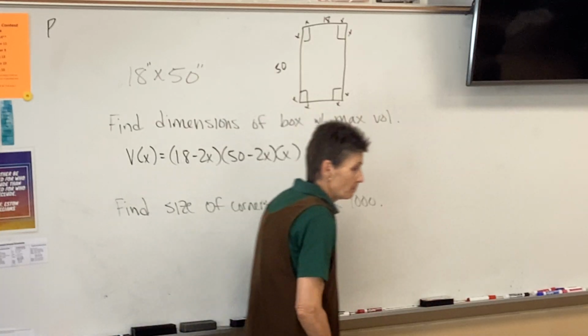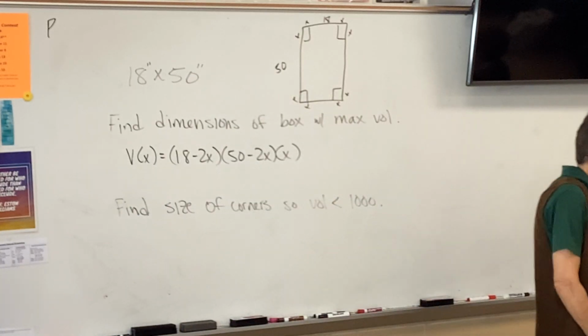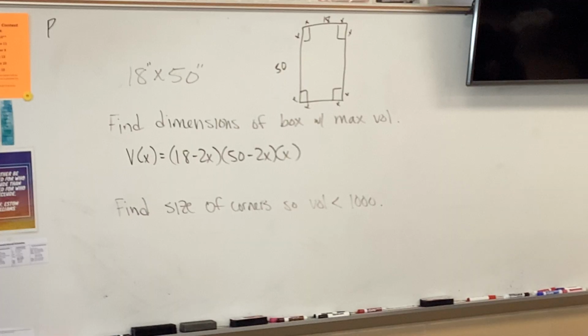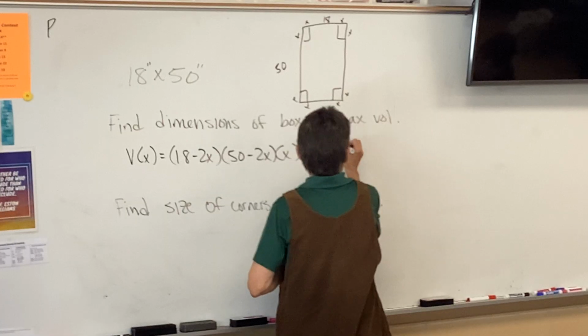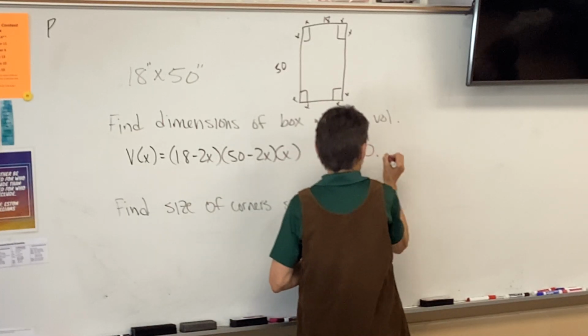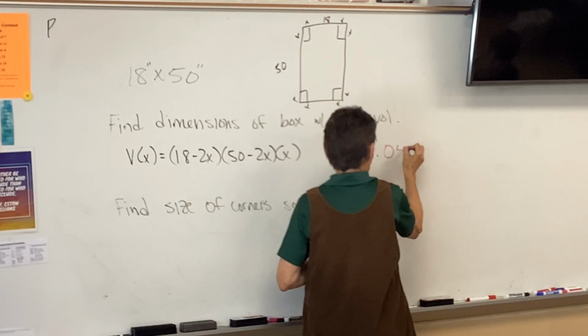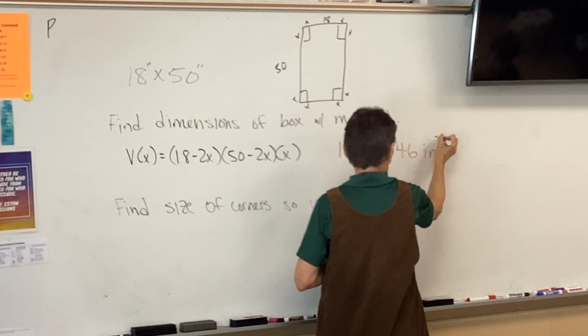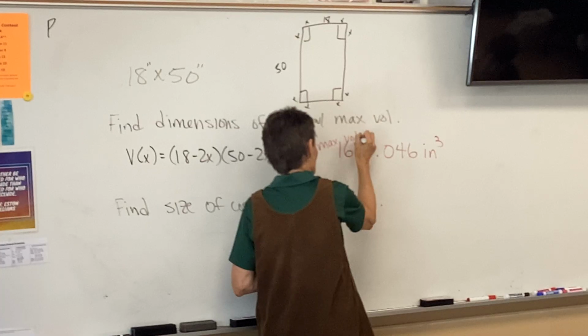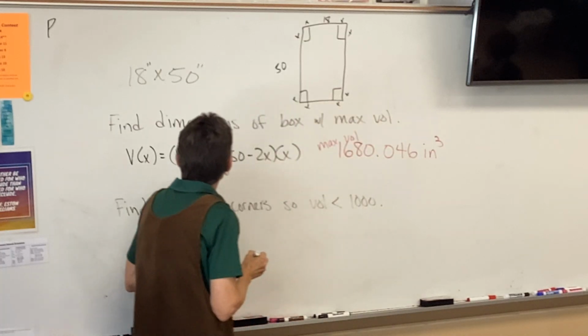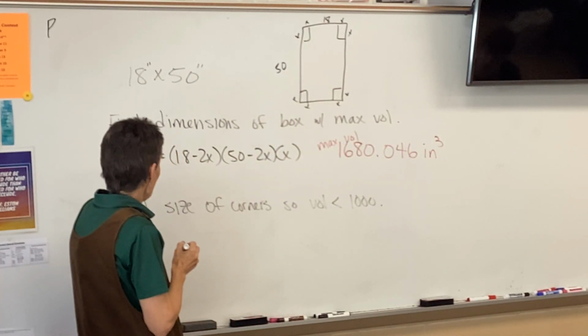All right, how are we coming? Think we got some answers here? You got something? What is that? Okay, so for the first one, I got the max volume is 1,680.046. Yep.